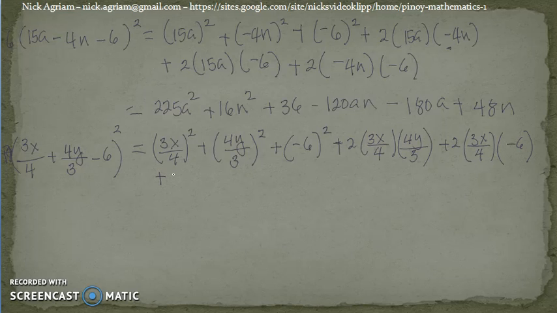And we have plus 2 times the second term, 4y divided by 3, times the last term, negative 6.